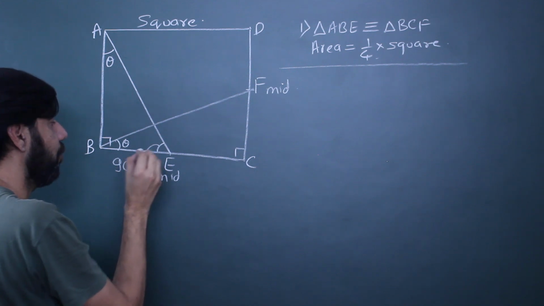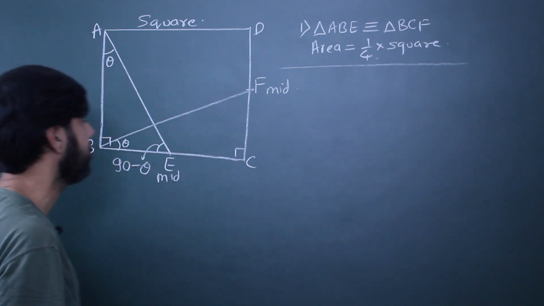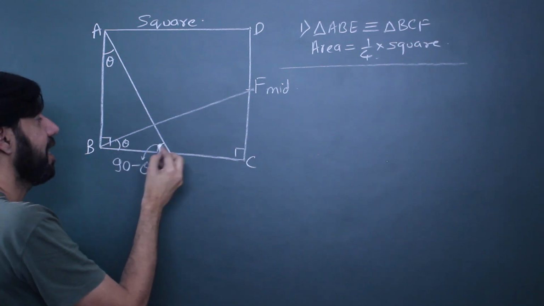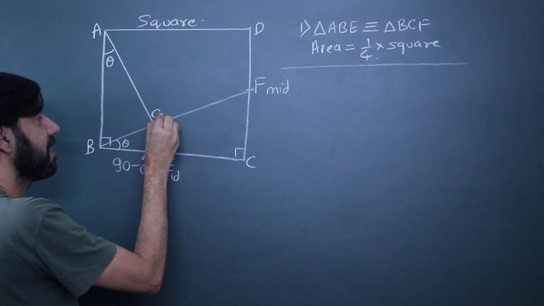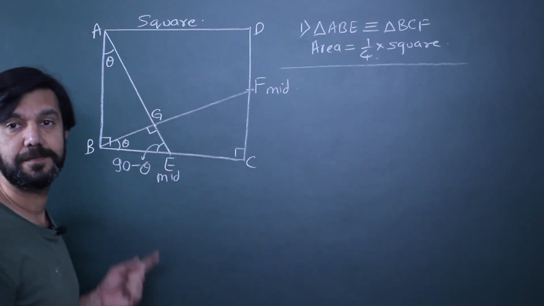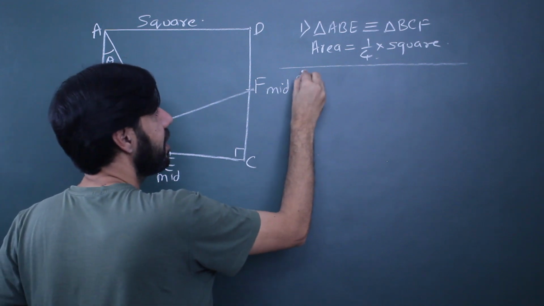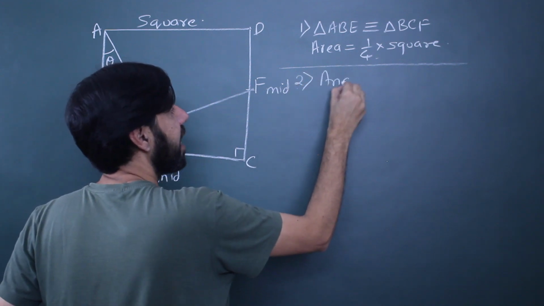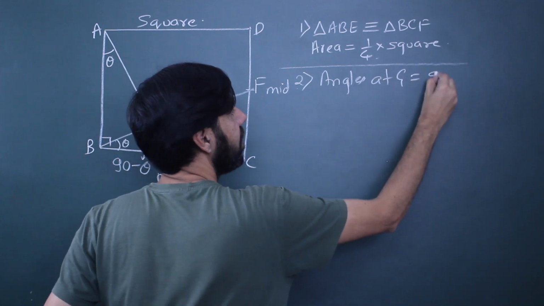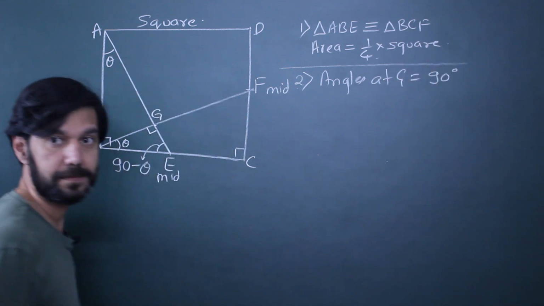Now this is an important part. Why is this important? Because theta and 90 minus theta means the angle formed at the intersection G is going to be 90. So the big learning is that the angles at G, the intersection, are all 90 degrees.